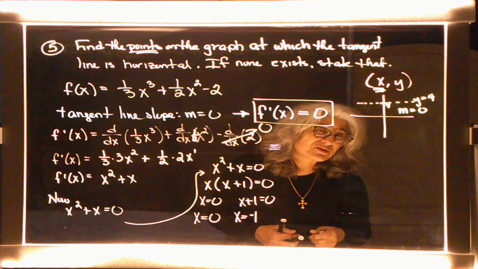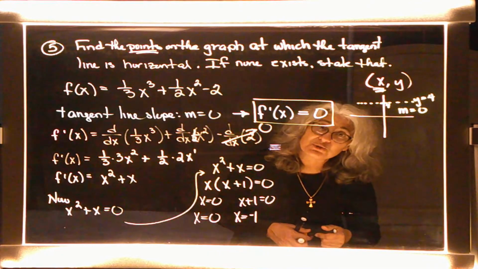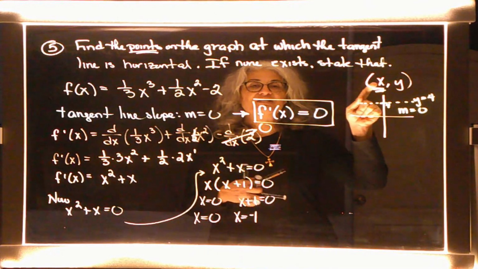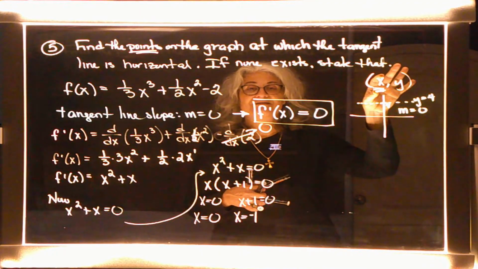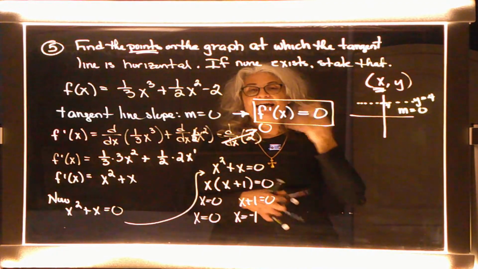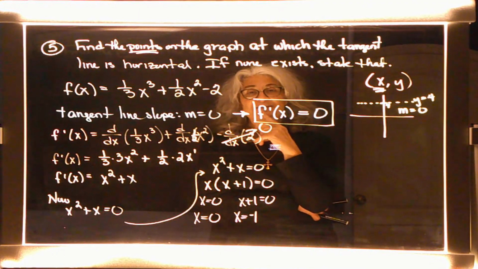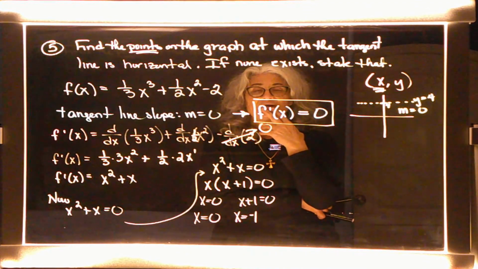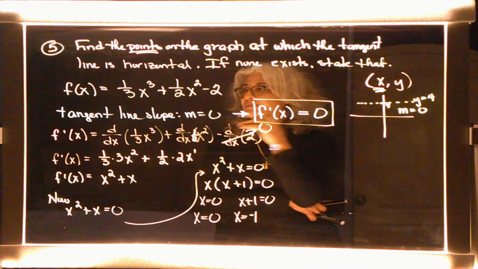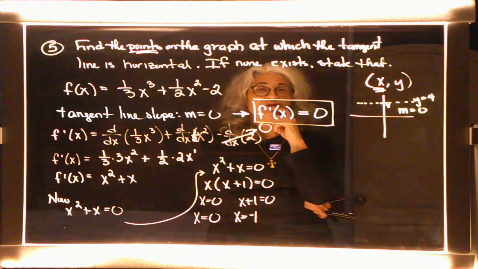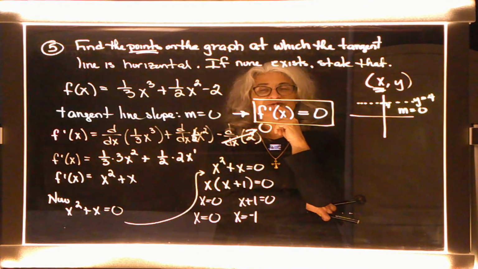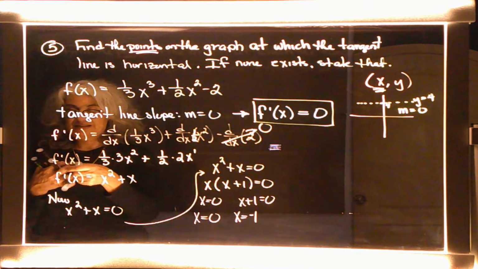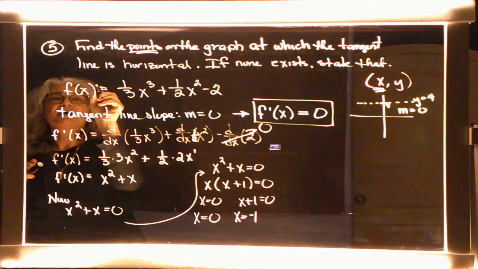So how many points do I have? Yep, 2 points. Okay, so now hang in there. You just found your x. I need to find the y. How do you think you're going to find the y value when you know your x's? What does f of x stand for? It stands for y. Remember that. f of x stands for y.